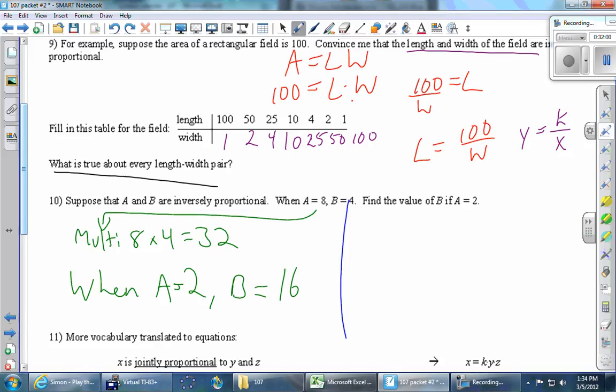But if you want the standard way, you just start with y equals, is it k times x or k over x? Yeah, you see inverse, you need to think k over. Well, we don't have x and y in this problem. We have a and b. So we'll just call them a and b. And as Eliza points out, it makes no difference which one is which.